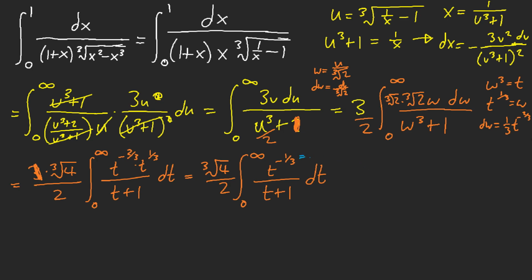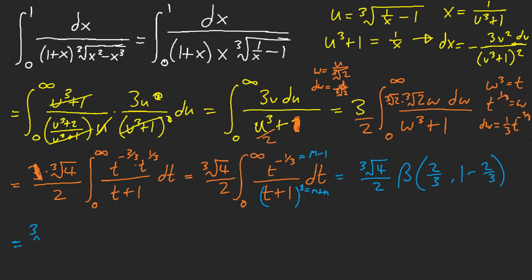We need this to be m minus 1, and this is pretty much 1, which equals m plus n. So cube root of 4 over 2, beta function of 2/3, and then of course 1 minus 2/3. And you already know what this is, right? We've seen it before. It is Euler's reflection.